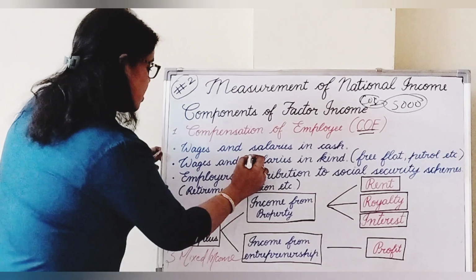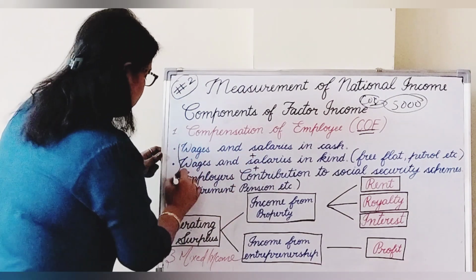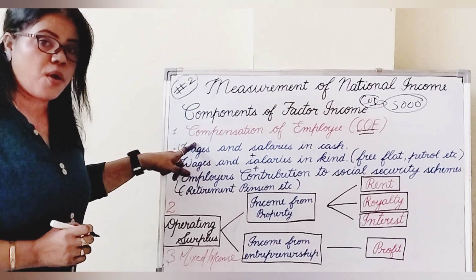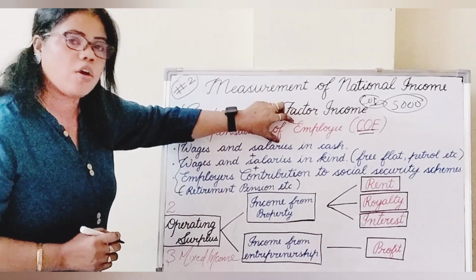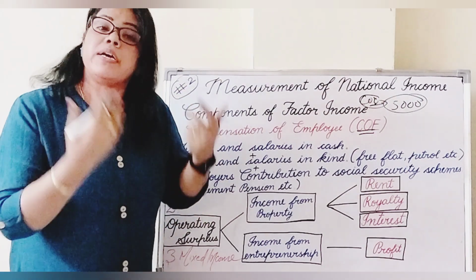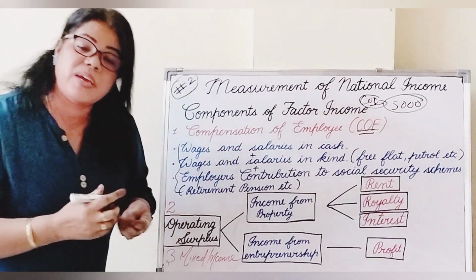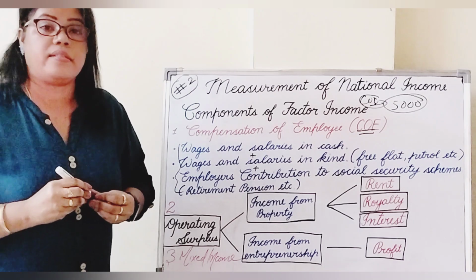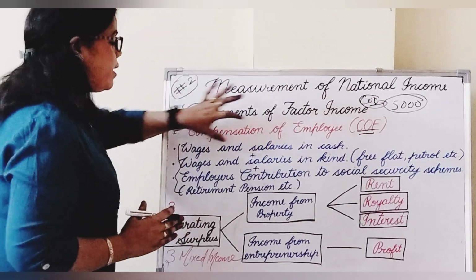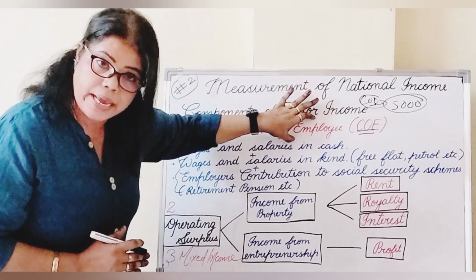These 3 elements are collectively called compensation of employees. You are getting my point? For factor services, whenever the factors of production receive their income in the form of wages and salaries, this is what is called compensation of employees.